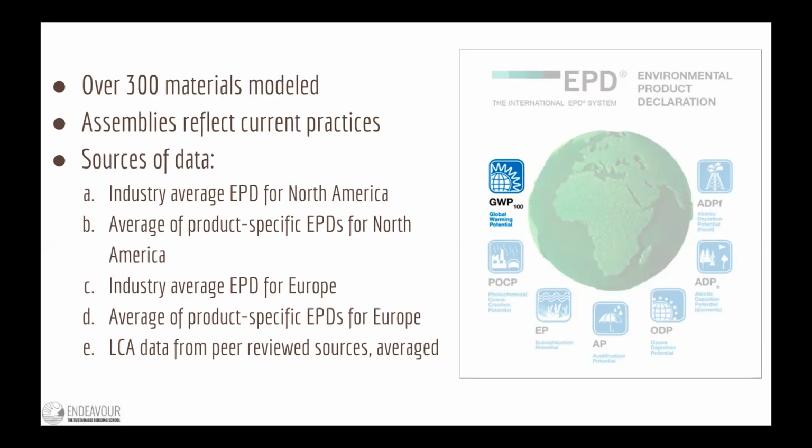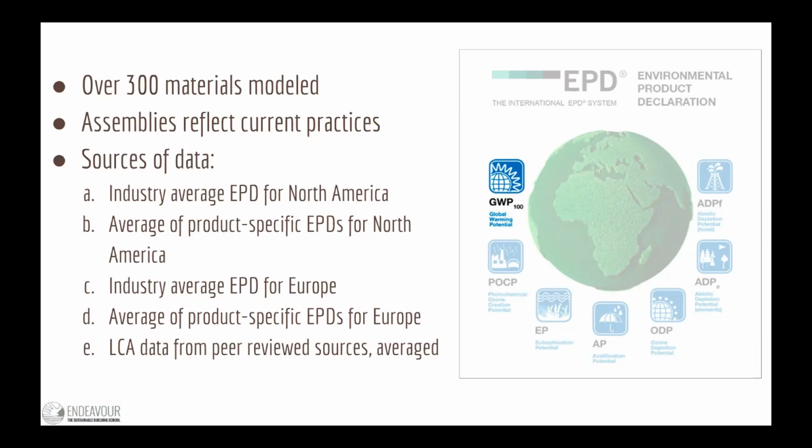So of the 4 assemblies I've chosen to look at for this presentation, they all really reflect current practices. There are builders building in these ways here and now. So they're very relevant to how low-rise is being built in this part of the world.